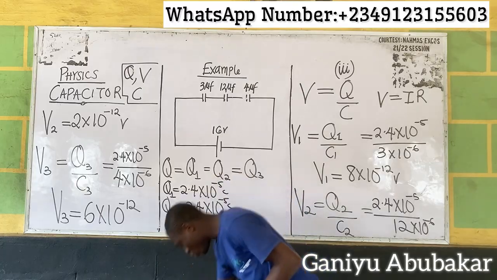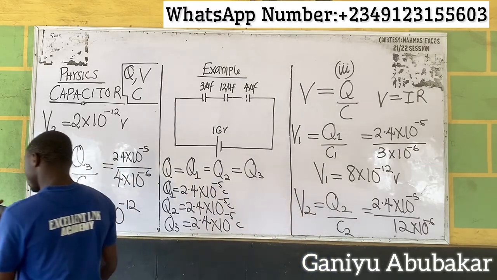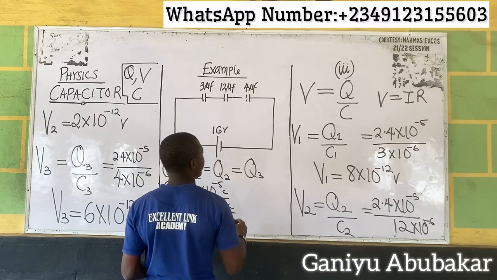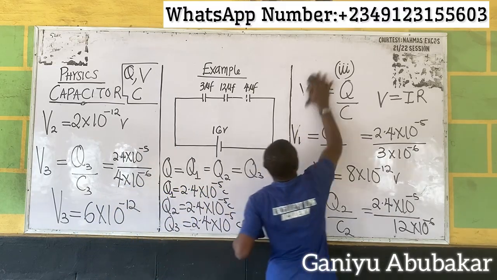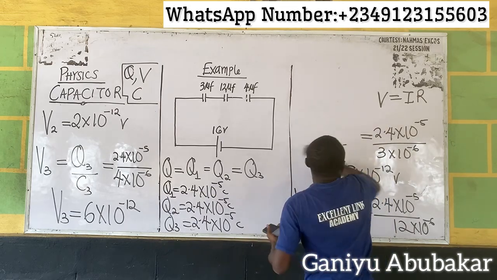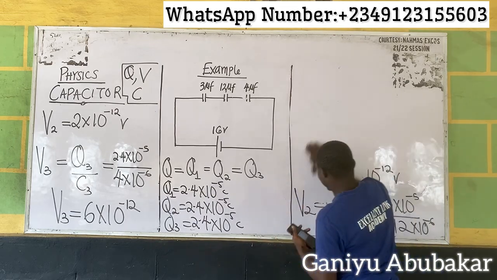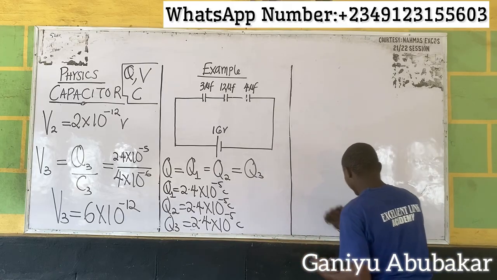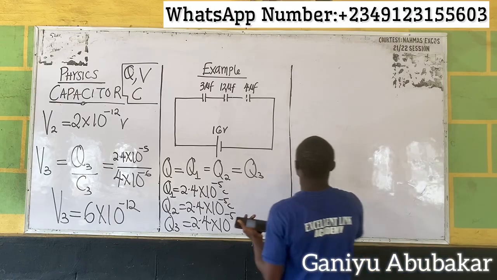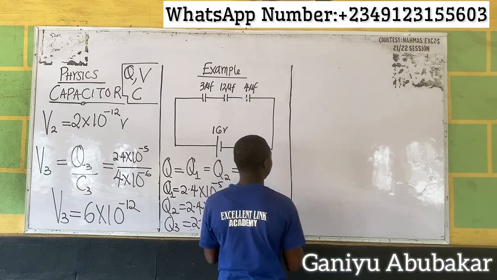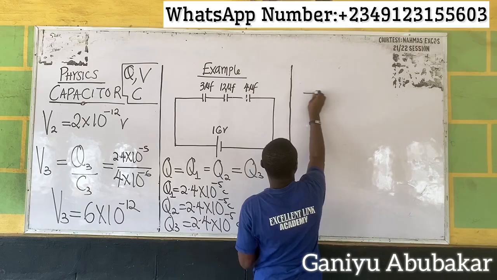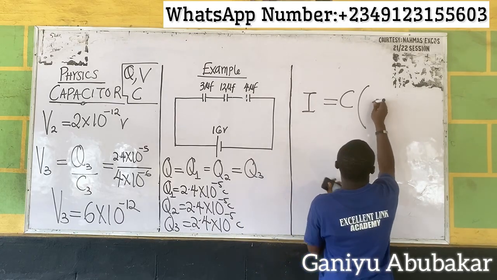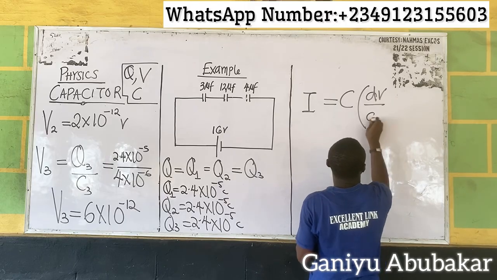Note please, the Ohm's law for a capacitor is given by the equation below: I equal to C into dV over dt.